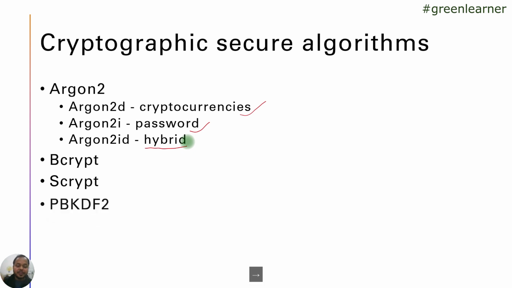If they are also not available, there is PBKDF2 that we can use. If it is not there, we can use SHA. We have SHA-256, SHA-1, SHA-2, SHA-3, which are different categories. MD5 is yet another, but MD5 is legacy, and it is not secure to use at this point of time.